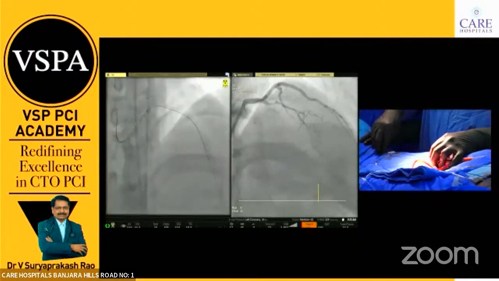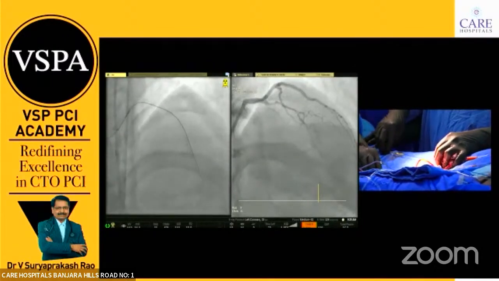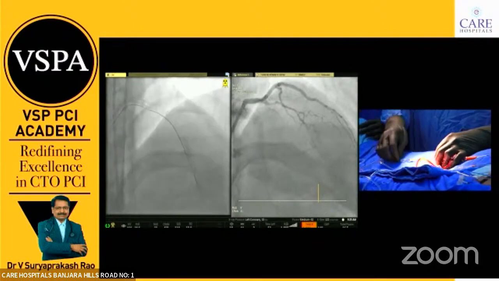Now the Carvel, I will track with my left hand, holding the wire in the right hand. Now we can see that Carvel is going to the distal one. I went distal and am removing this CTO wire.